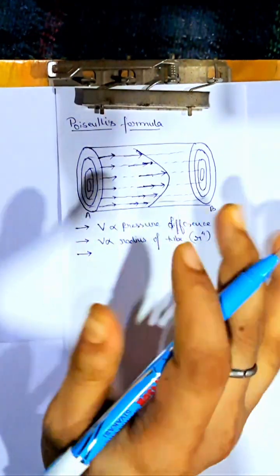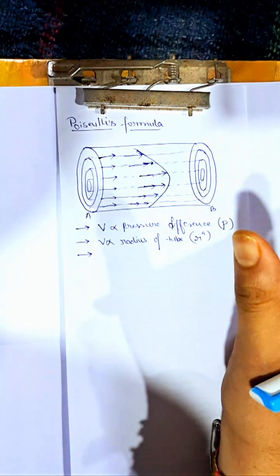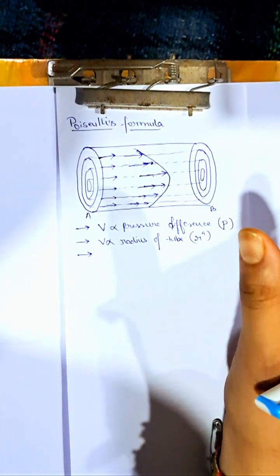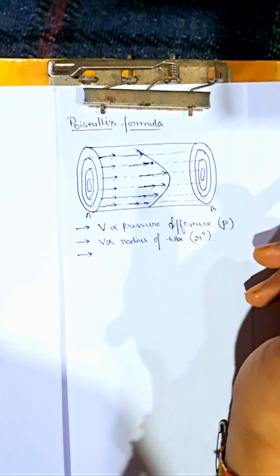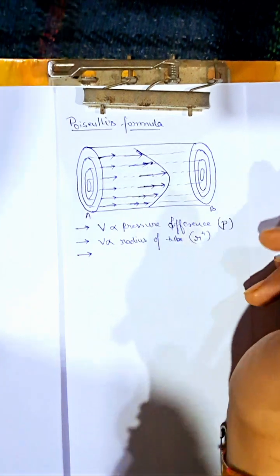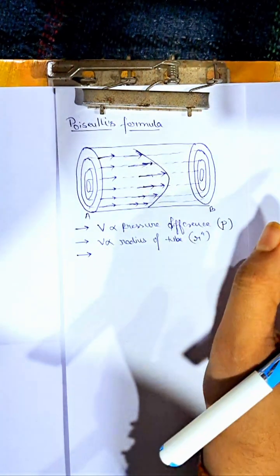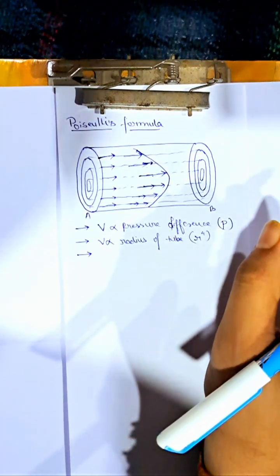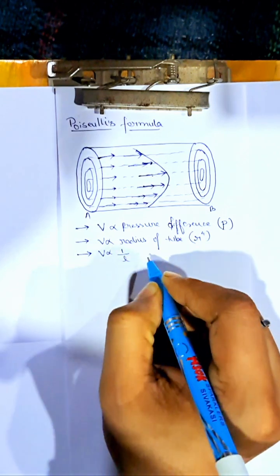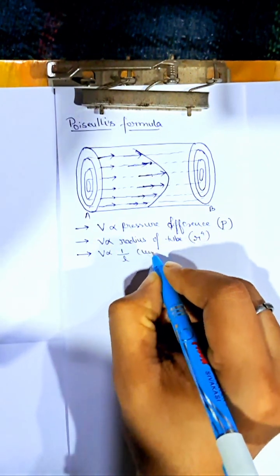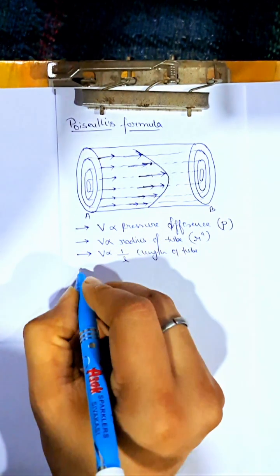Now next, in the same manner as in resistance, where a larger length gives a larger resistance, here there is something different: the larger the length, the smaller the velocity. Velocity is inversely proportional to the length of the tube.